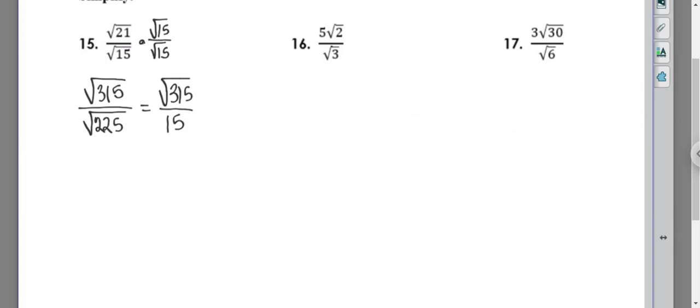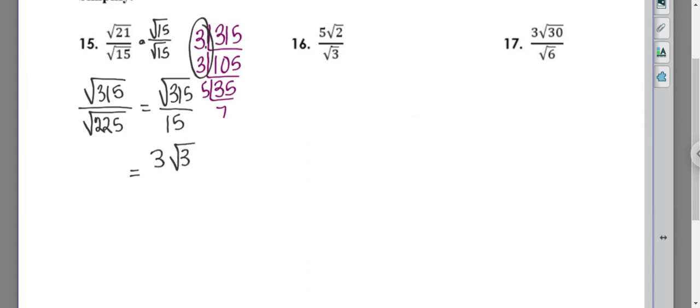So breaking out 315, can divide that by 3 or 5 to start with. So I have a pair of 3s. So that is 3 square root of 35 over 15.